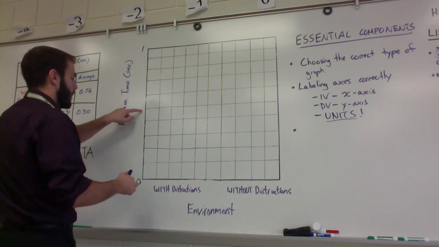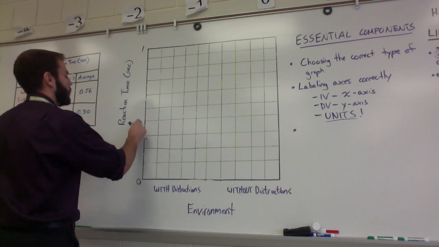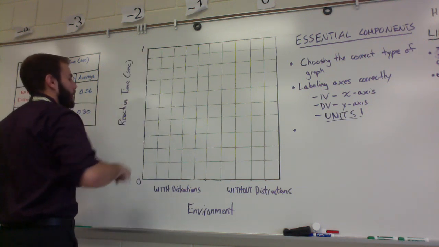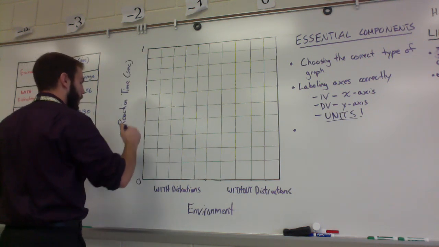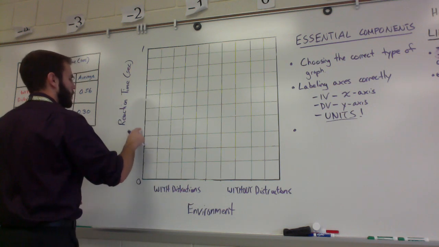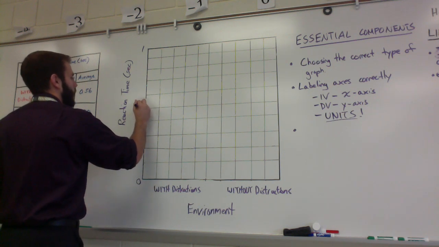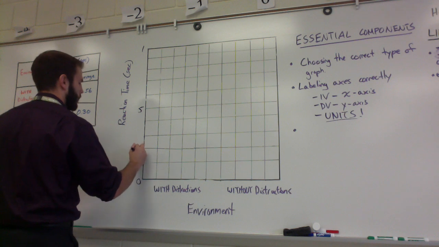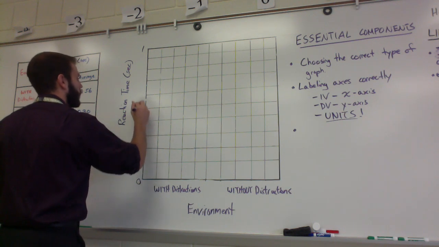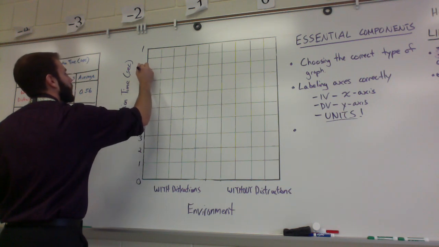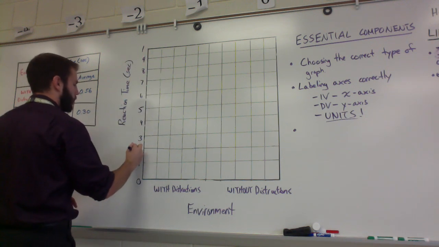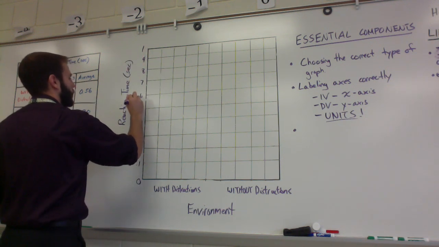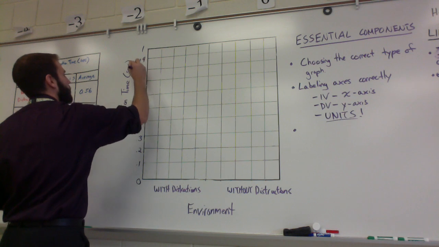So then, luckily, this is 1, 2, 3, 4, 5, 6, 7, 8, 9, 10 squares. So for 1, 2, 3, 4, 5, I can make this 5 right here. By the way, this is 0.1, 0.2, 0.3, 0.4, 0.5, 0.6, 0.7, 0.8, 0.9.